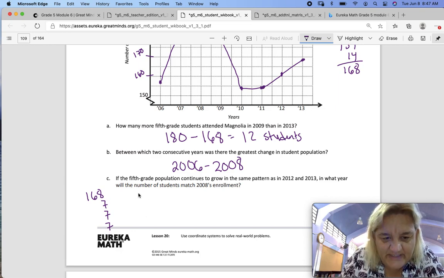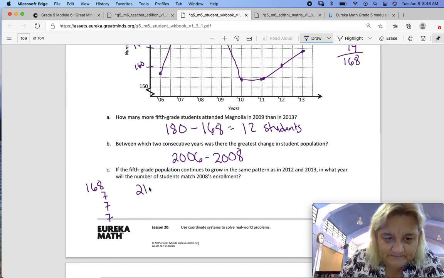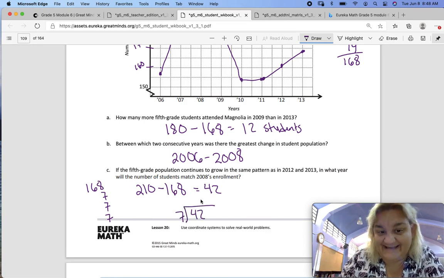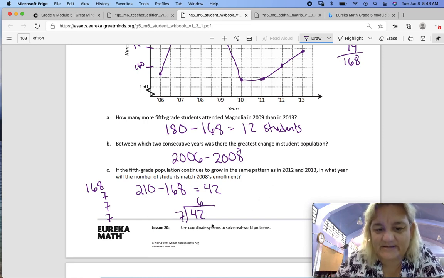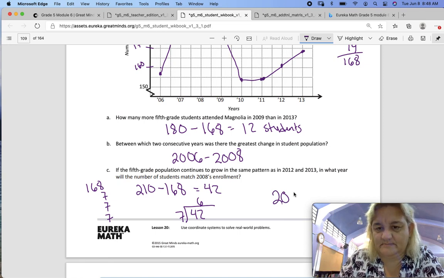How many would we need? 210 minus 168 equals 42, and 42 divided by 7 is 6, right? So we would need 6 more years. So let's see, 13 plus 6 would be 2019.